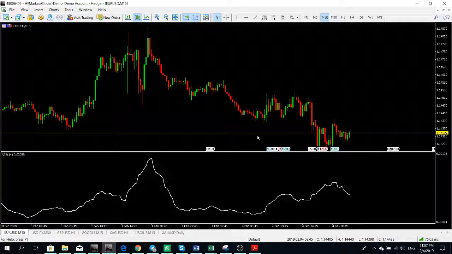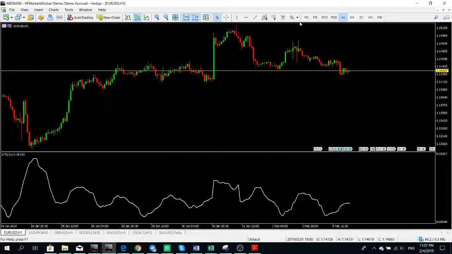It's not our topic to talk about how to find where to enter the market, but this volatility indicator with ATR can show you, for example, the changes of the market.